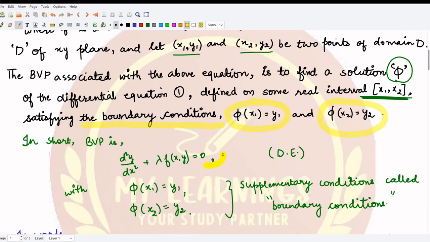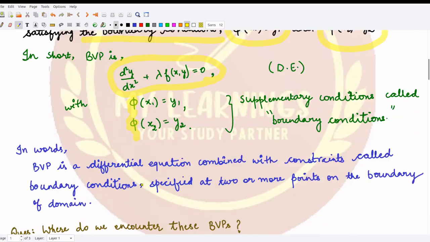This is a differential equation which we usually call the governing equation: d2y by dx2 plus lambda times our function F equals 0, with supplementary conditions which are known as the boundary conditions. So at the boundary, the value of the function phi at the point x1 is y1 and phi at the point x2 is equal to y2, where phi represents the solution to the given differential equation.